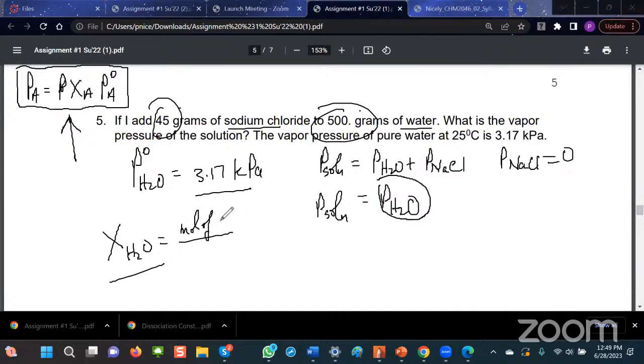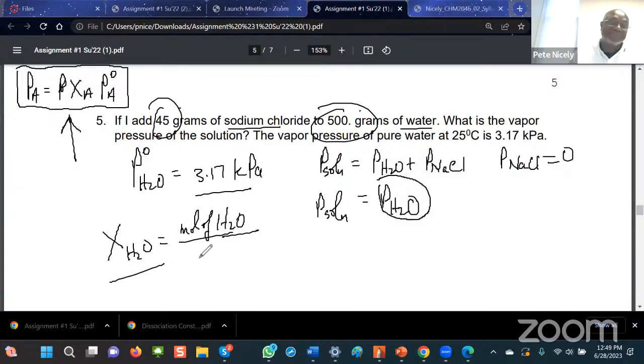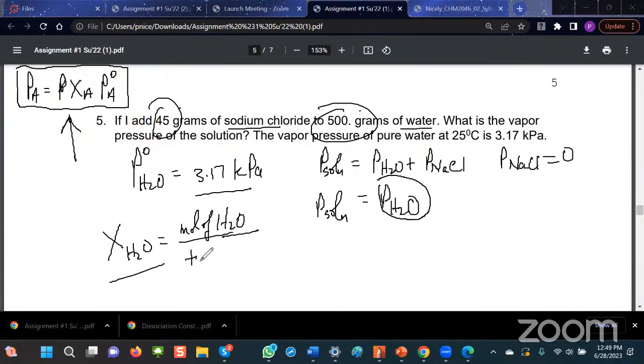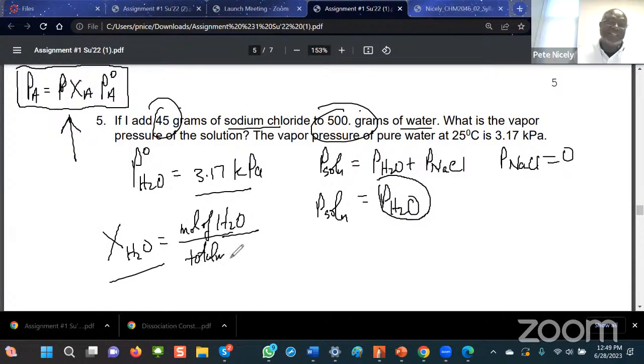Solvent, water. H2O divided by what? Total moles. Total moles. Okay, very good. So we need to find the moles of water, and we need to find the moles of the other substance, and then we add them together, right? And the other substance is what? What's the other component of the solution?